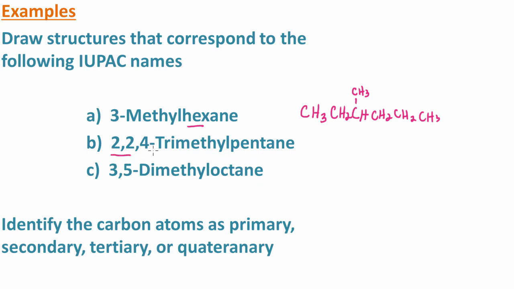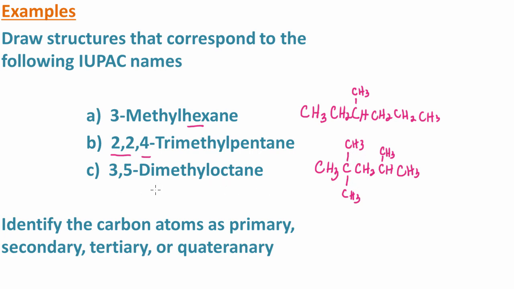Here they want me to draw 2,2,4-trimethylpentane. On carbon 2, we're going to have 2 methyl groups. And on carbon 4, I'm going to have 1 methyl group. So I have my pentane and I have methyl groups on carbons 2 and 4.